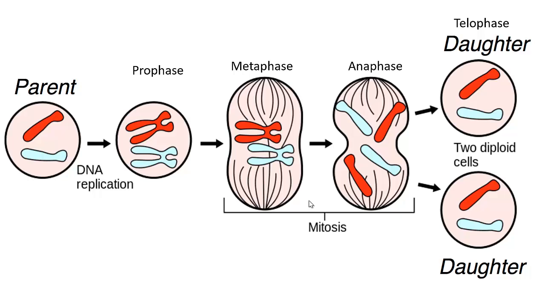In metaphase, the chromosomes align themselves along the center of the cell, and in anaphase they are pulled apart by the spindle and go towards the poles of the cell. And in telophase, the two cells divide from each other, and we have two daughter cells from one parent cell, and this is the process of normal mitosis.